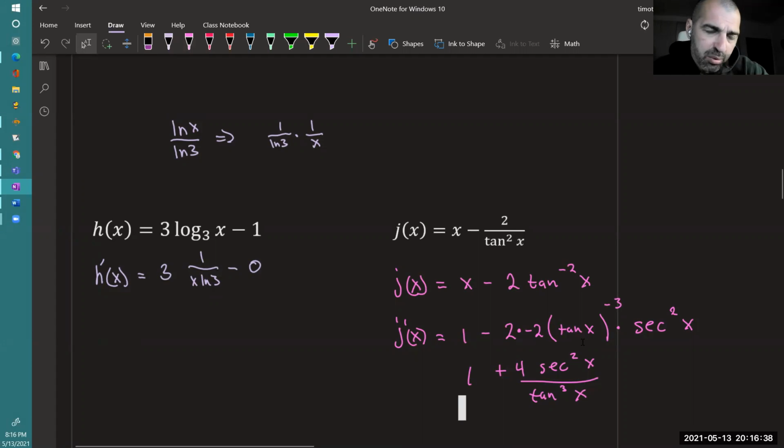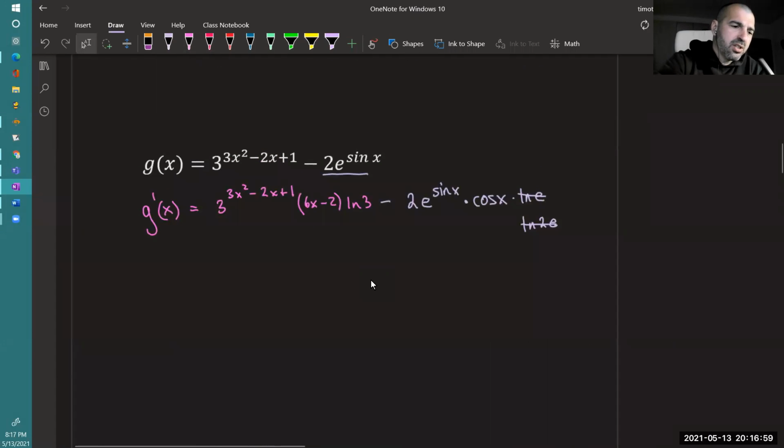But again, on the AP test or on a test where they just ask you to find the derivative and that's it, most teachers I've come across, and myself included, don't require you to simplify. Notice I haven't simplified any of these derivatives.